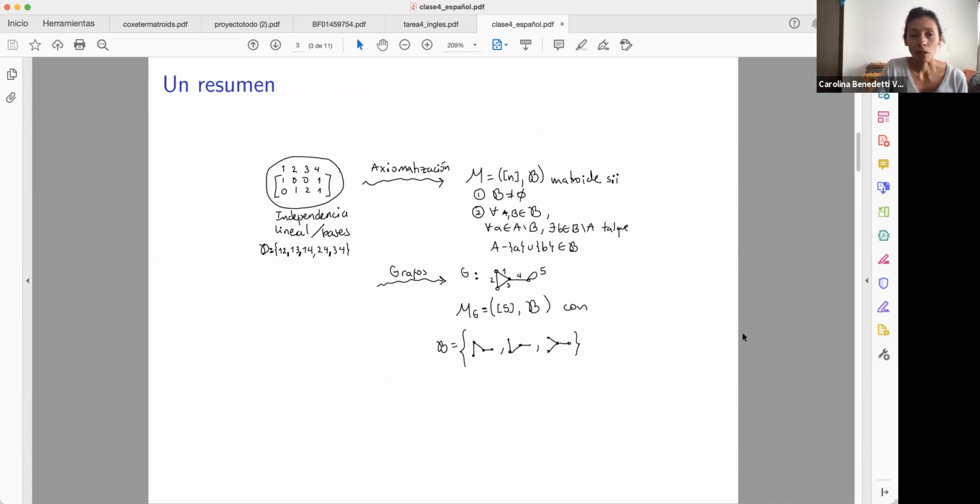And so basically what we started with was we borrowed the notion of linear independence from linear algebra, the notion of bases from linear algebra, and we lifted it up.